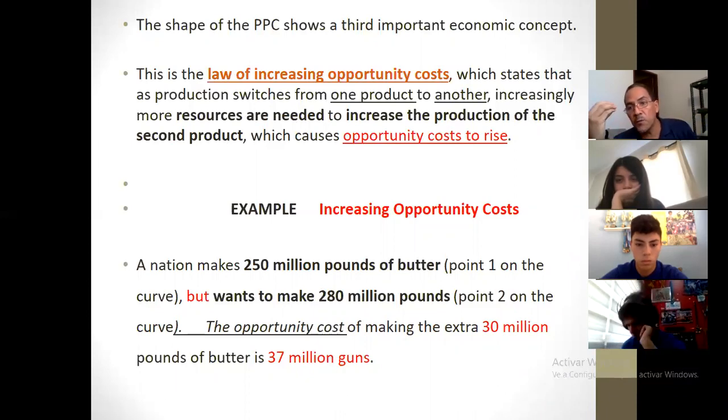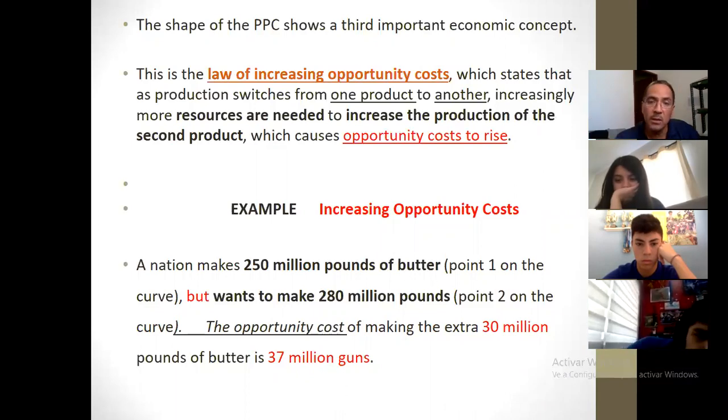In order to increase muffins, we need to use the resources that we have for loaves of bread and invest them in order to create more muffins. The opportunity cost is that we are producing less and less loaves of bread. Okay, that's the opportunity cost.